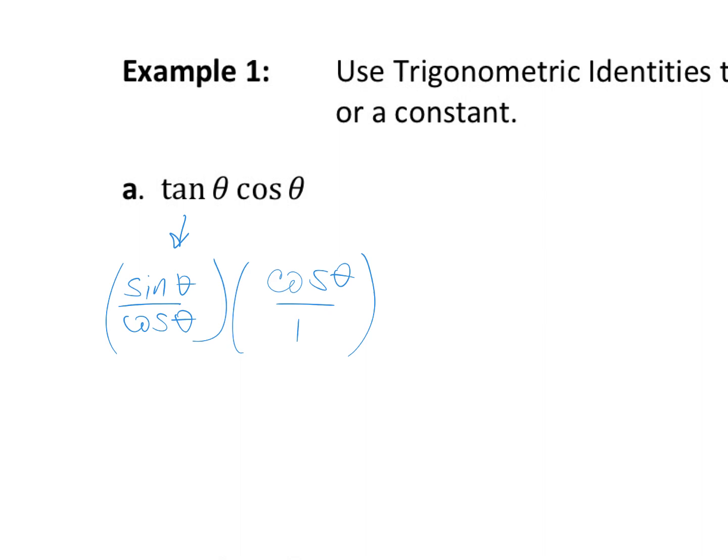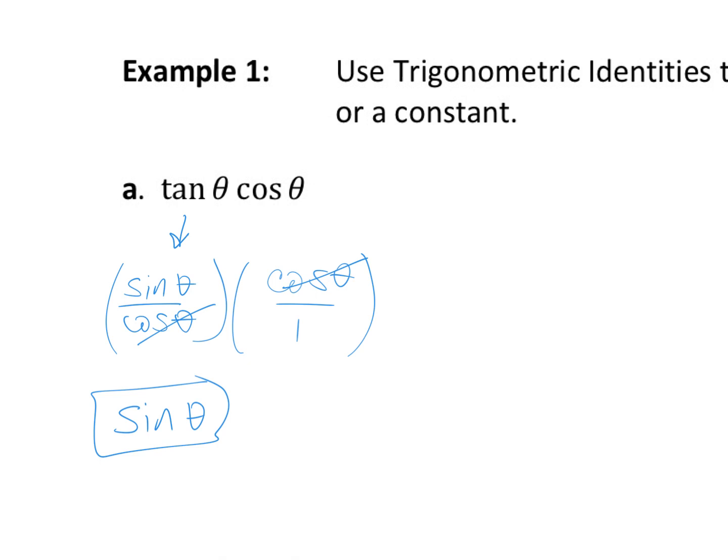Now, we're thinking algebraically. We always think algebraically. If I have two fractions and I'm multiplying, what can I do with the denominator on one and the numerator on the other that are the same? You can cross cancel, right? So this just becomes sine theta. And that's all you're doing for simplifying. You're just making smaller.